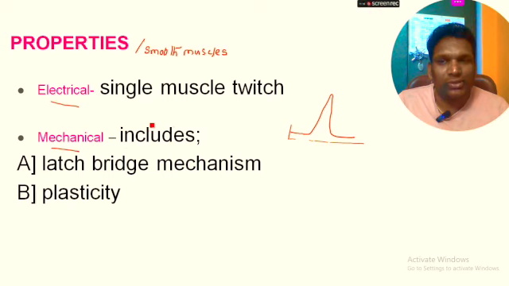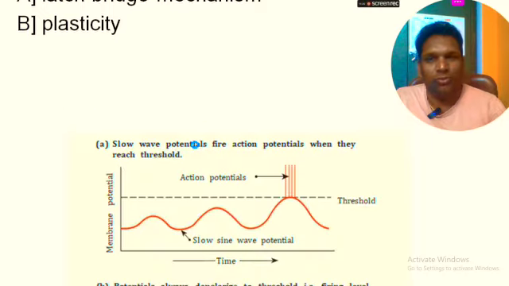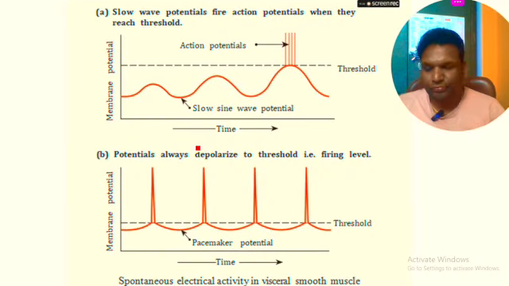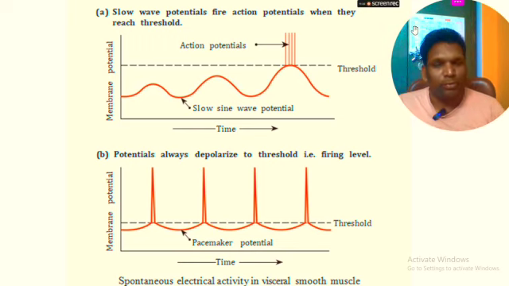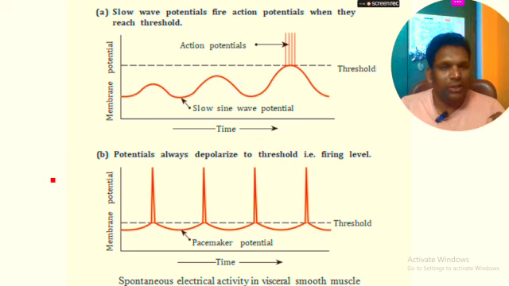The first property is the electrical property. In a single twitch, a stimulus is applied and a curve is formed. Under the electrical property, the average duration of this spike varies from 25 to 50 milliseconds. Later, the amplitude is very small and hardly reaches the isoelectric line.